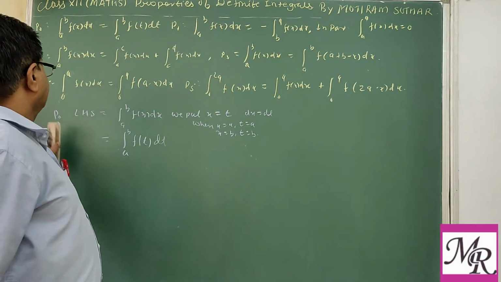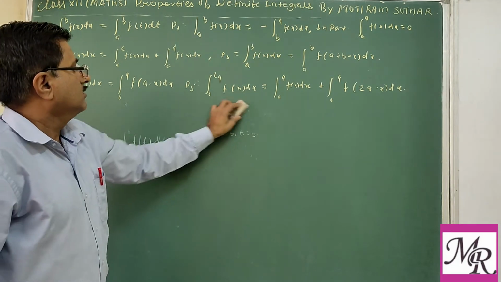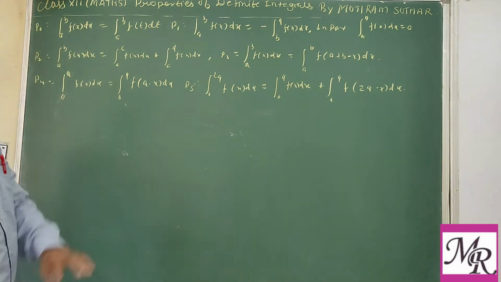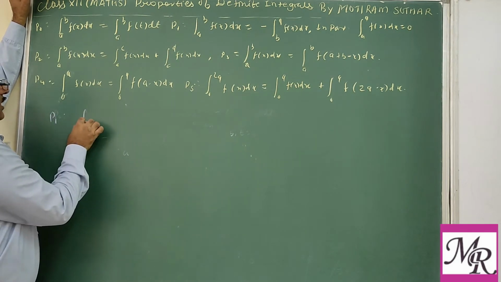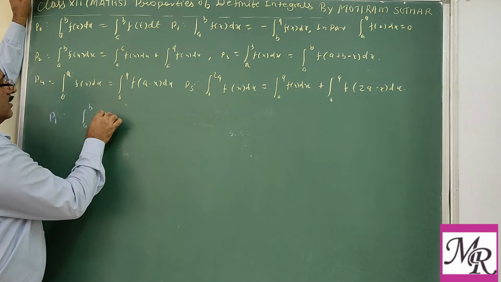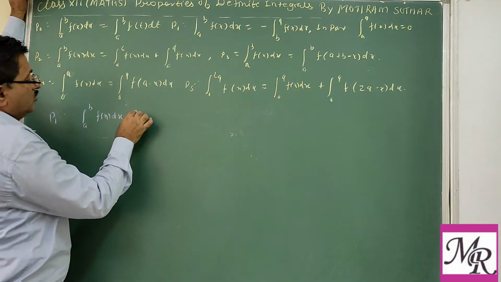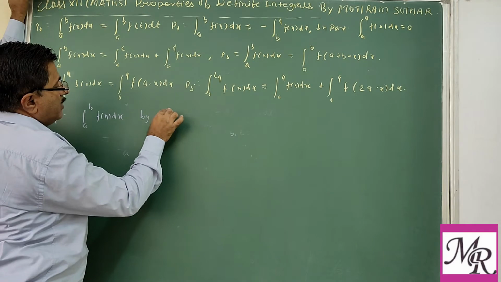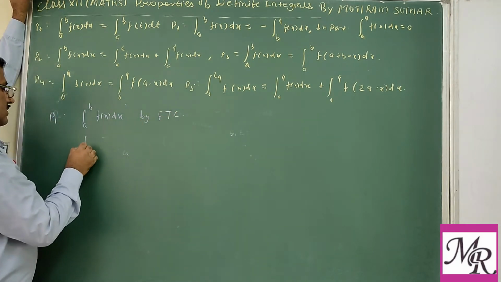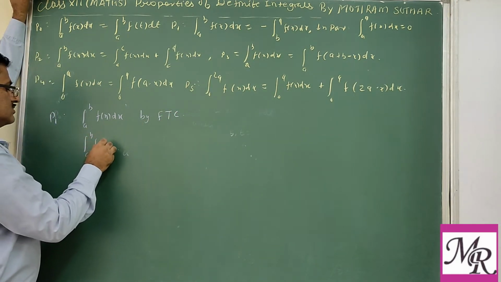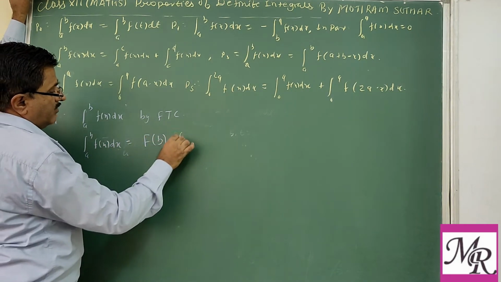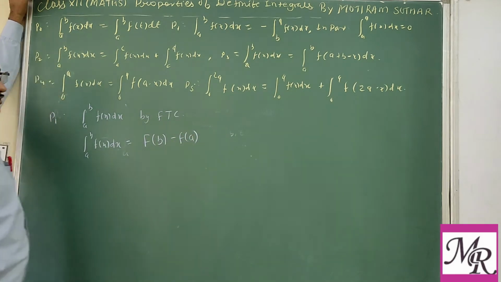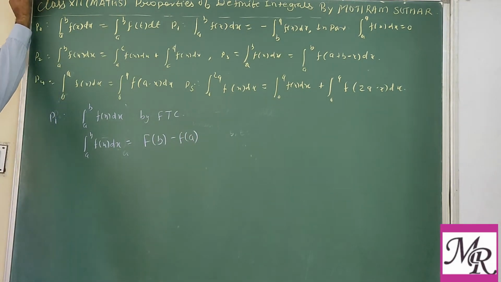Now the second, known as P1. On the left side you see the integral from a to b of f(x) dx. If you solve by the fundamental theorem of calculus, the integral from a to b of f(x) dx is equal to F(b) minus F(a), the value of the antiderivative at the upper limit minus the value of the antiderivative at the lower limit.